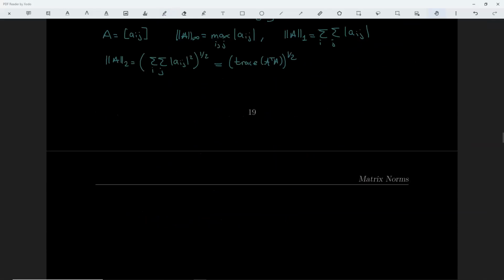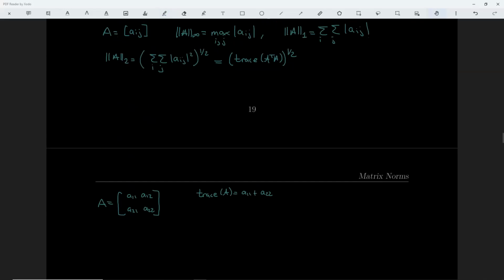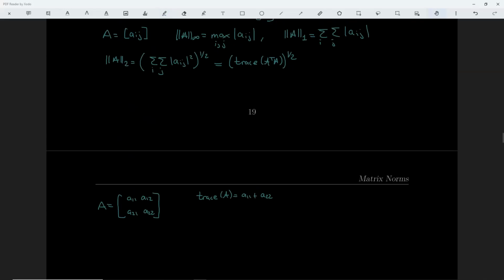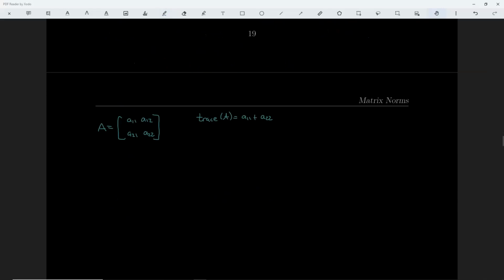Let me show you on a 2 by 2 matrix. Let A be equal to A11, A12, A21, A22. The trace of a matrix A is the sum of its diagonal elements, so the trace operator is simply equal to A11 plus A22. The definition claims that you will work with A transpose A, so let's write down A transpose as well.